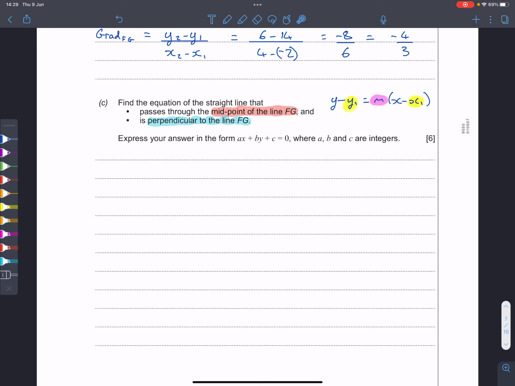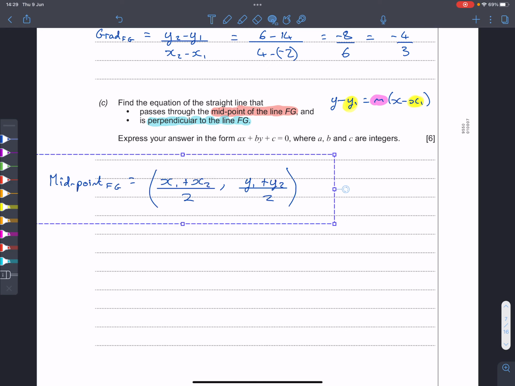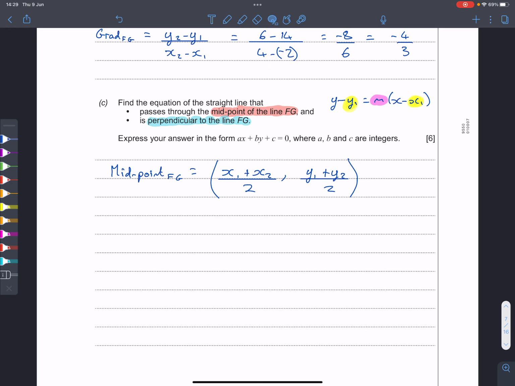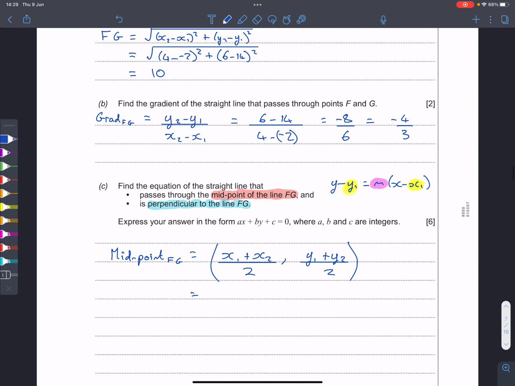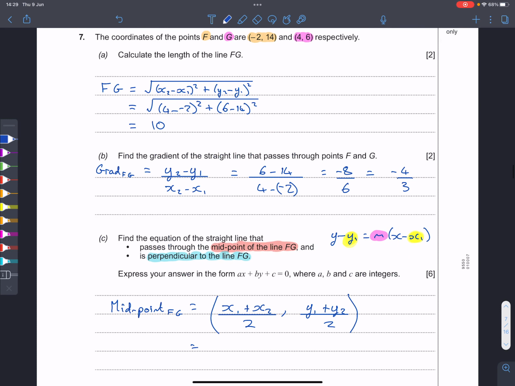But we do know that it passes through the midpoint of the line FG. So if we look at the formula for the midpoint, I'm going to add my x's together and halve it, add my y's together and halve it. So again, I'm using these ones up here. So my x1 is going to be negative 2 plus 4.